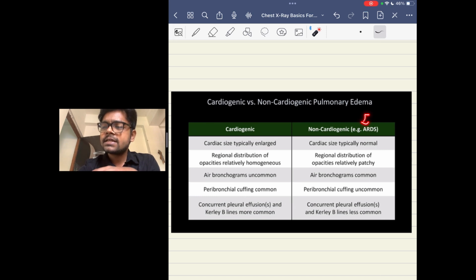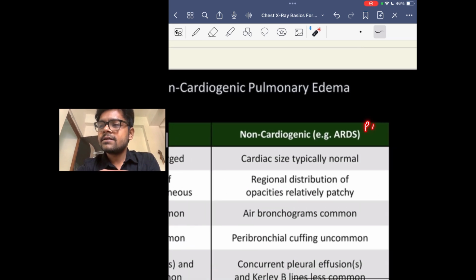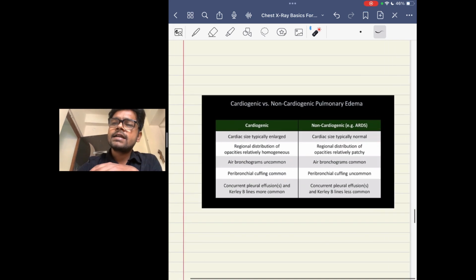ARDS is seen in severe sepsis, in pancreatitis, in burns, right? These are the important causes. So you have to take the history also. A patient can have underlying heart disease also.